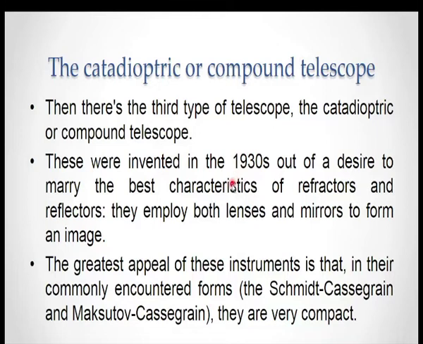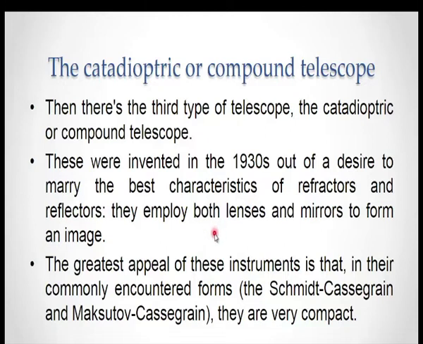The catadioptric or compound telescope was invented in the 1930s out of a desire to marry the best characteristics of refractors and reflectors. They employ both lenses and mirrors to form an image. The greatest appeal of these instruments is in their commonly encountered forms. Two forms are manufactured: Schmidt Cassegrain and Maksutov Cassegrain.